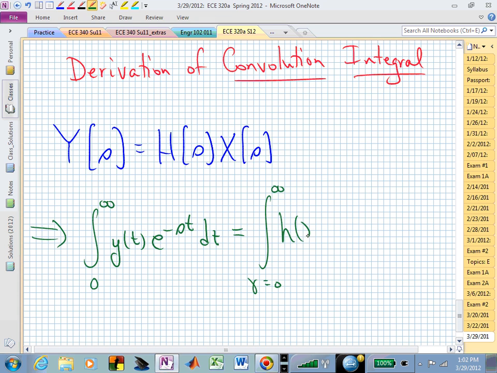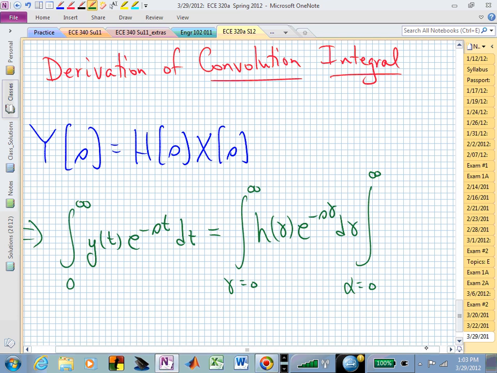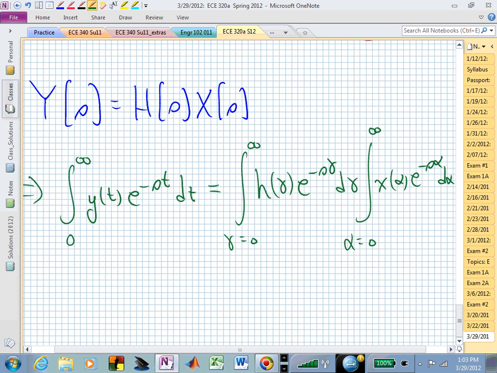So this is now h of gamma e to the minus s gamma d gamma. And we're into Greek characters, so let's go alpha for the next variable of integration. And that's now x of alpha e to the minus s alpha d alpha. Nothing fancy there. I've simply re-expressed capital Y, capital H, and capital X in terms of the Laplace transform definition.